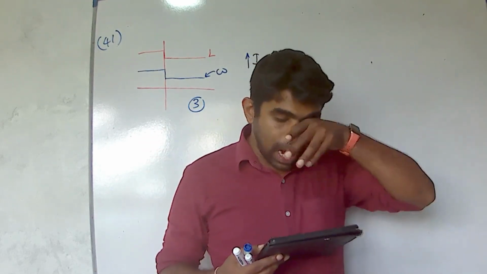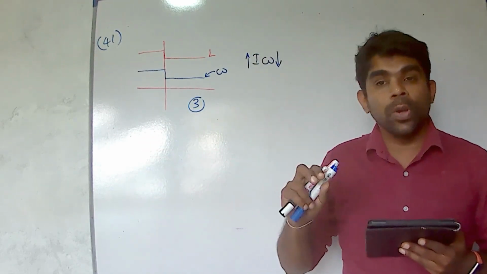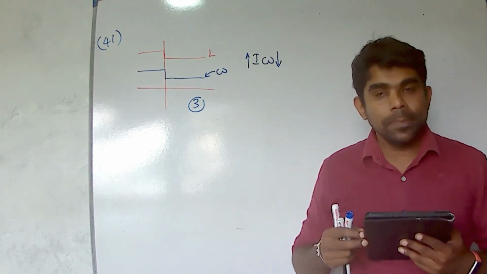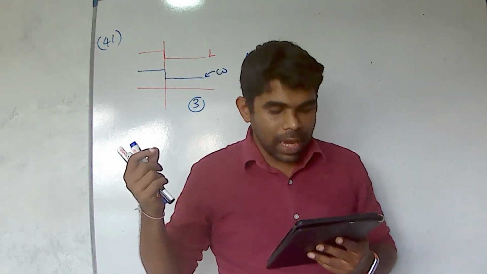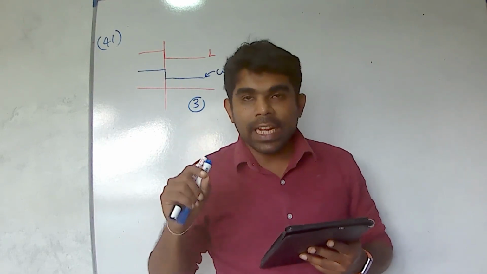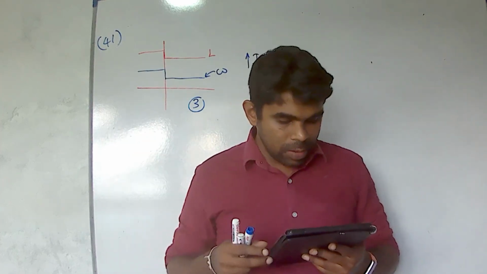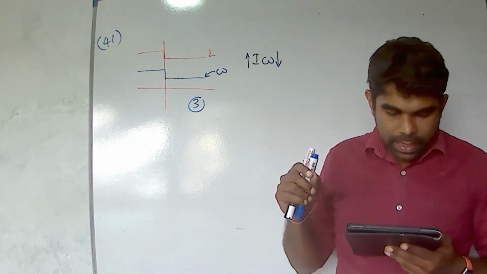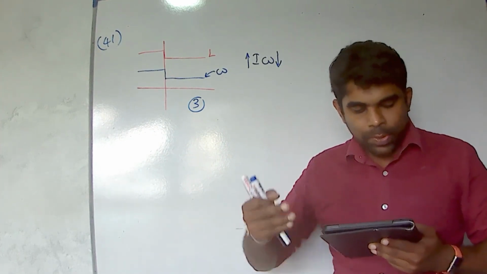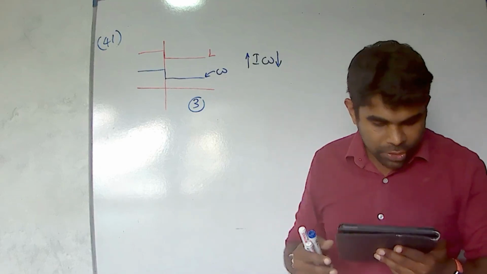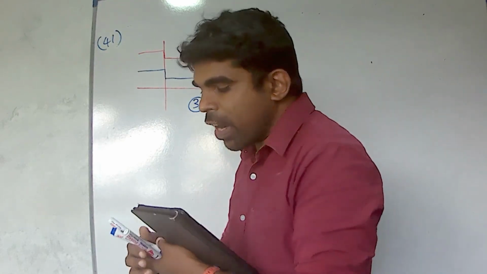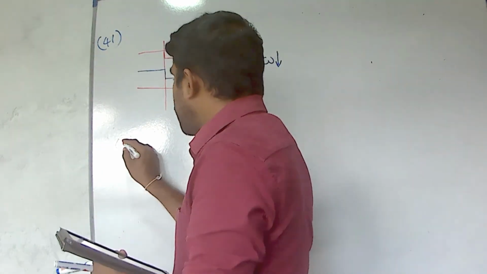Therefore, kinetic energy is directly proportional to the moment of inertia. So the kinetic energy order is A, B, C in ascending order: KEA is the smallest value, then KEB, then KEC. We get the answer as 1 for question number 42.